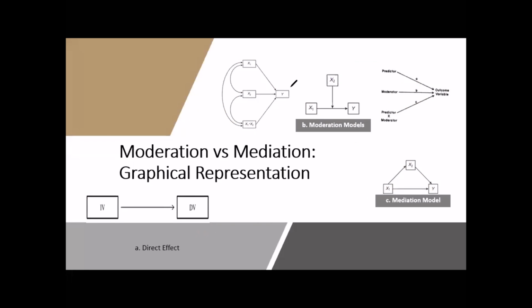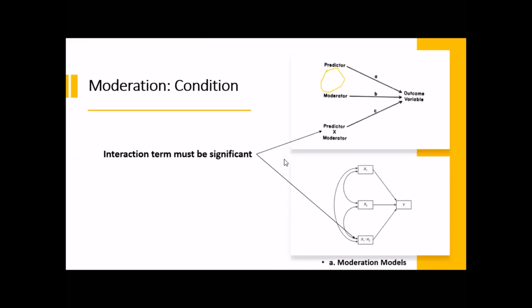Okay, and there's one question that might arise in the minds of the students: how can we know whether x2 is significantly moderating the relationship between x1 and y? The answer is that it is basically the interaction term.